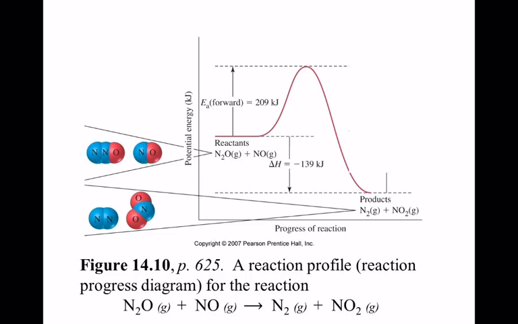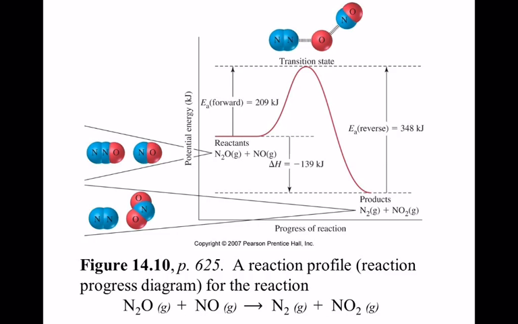Your activation energy in what we call the forward direction. Now, it's only being shown in the forward direction, but I'm going to take you for a quick detour. What if it went in the reverse direction, from right back to left? In the forward direction, there's your activation energy, 209 kilojoules. We'll talk more about transition state, but you can already kind of see what it is. It's kind of an in-betweener, in between the reactants and the products.